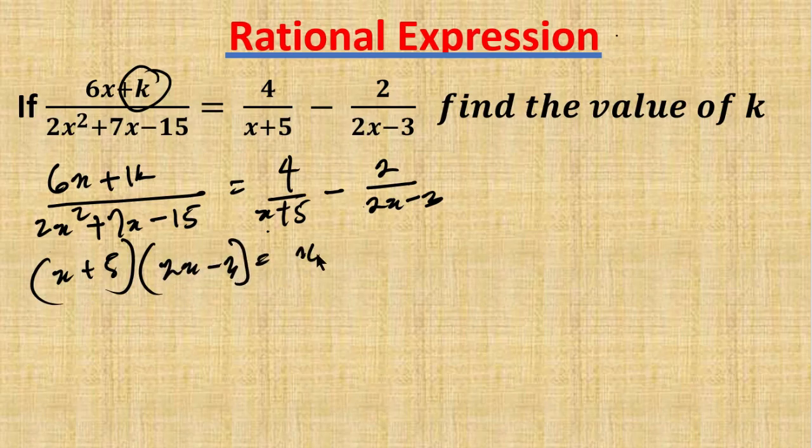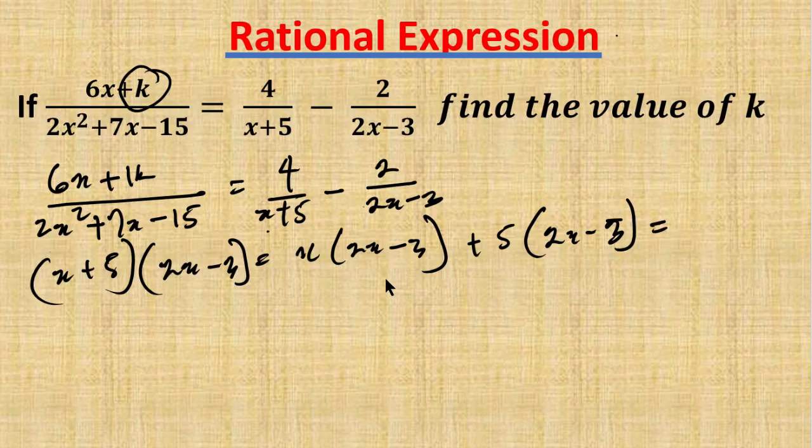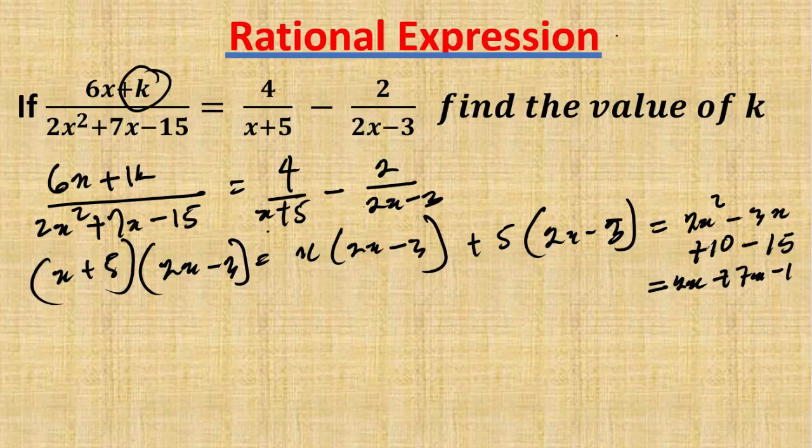That will be the same thing as x into (2x − 3) plus 5 into (2x − 3). That's x into 2x, that's 2x², minus 3x, plus 5 into 2x, that's 10x, minus 3 times 5, that's 15, minus 15. So this is 2x² + 7x − 15. Okay, that means it's properly resolved.